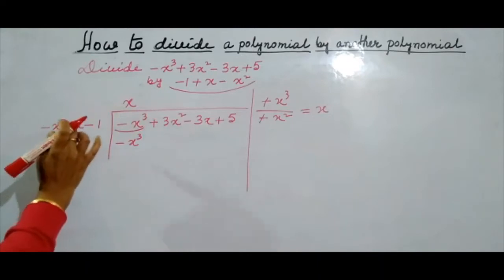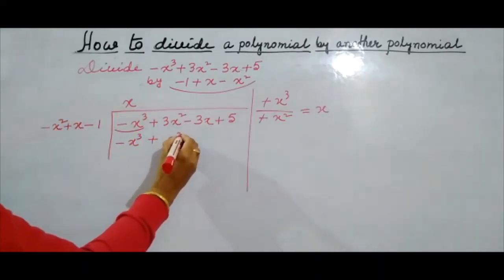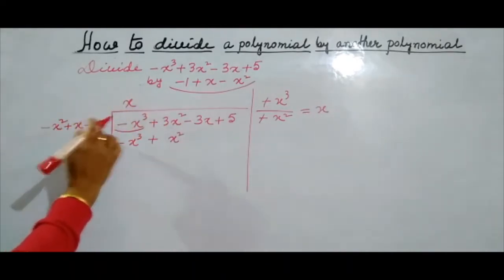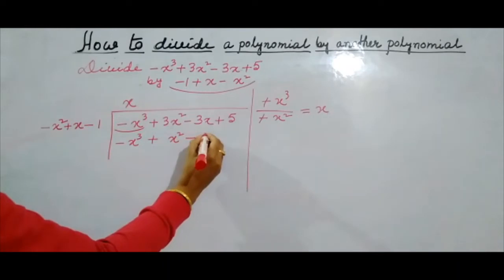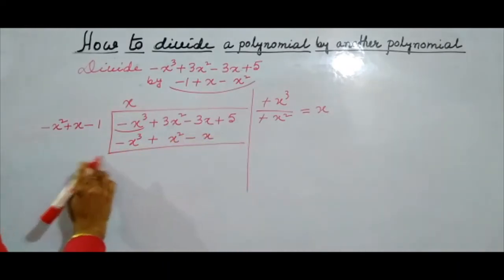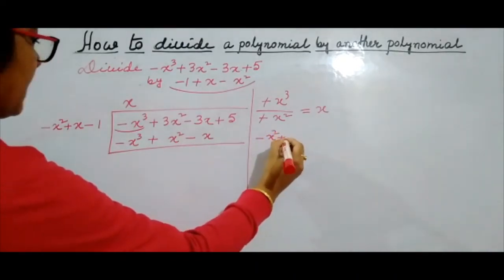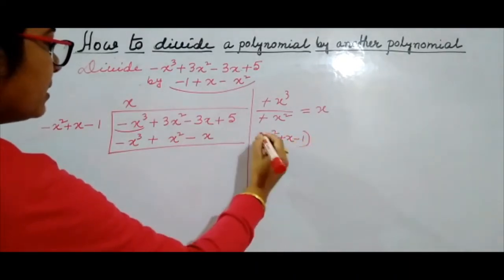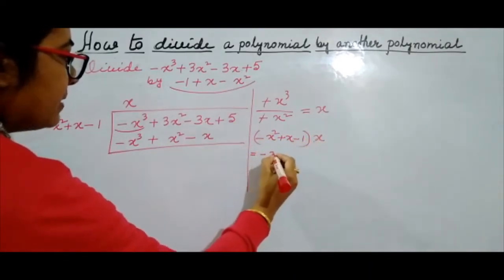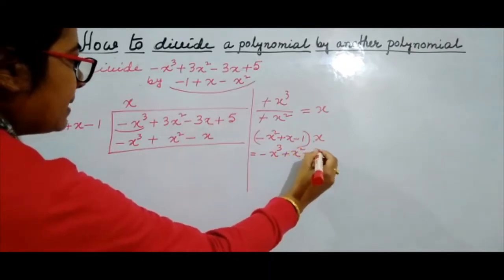X into plus x, it will be plus x square, right below the like terms. Then x into minus 1, it will be minus x. Very simple. If you're facing difficulty, you can write like this also, minus x square plus x minus 1 into x. Then you write the answer here, minus x cube plus x square minus x.